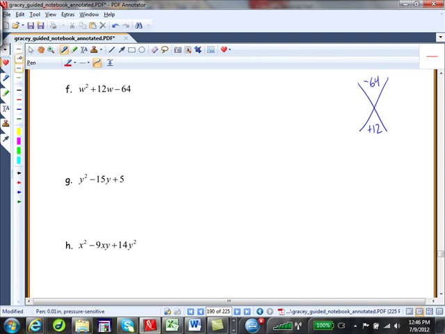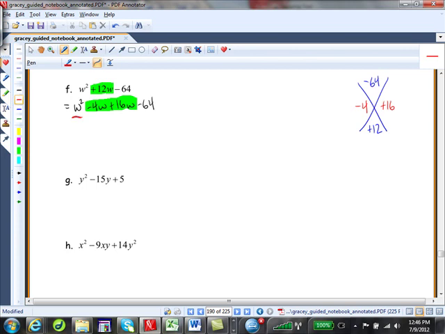I came up with positive 16 and negative 4. Okay, so here we go. Again, rewriting: w squared minus 4w plus 16w minus 64. That's how we changed that 12w.